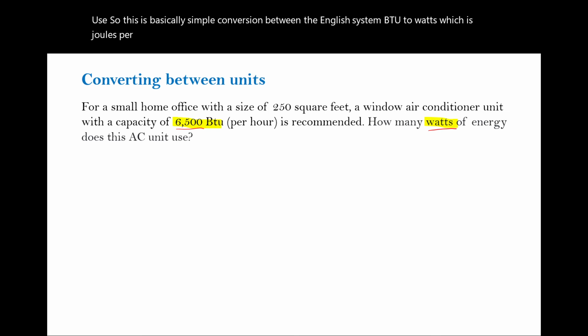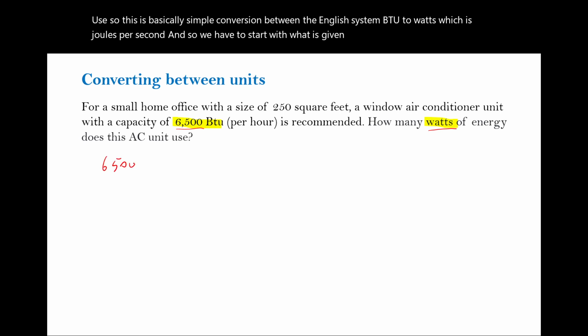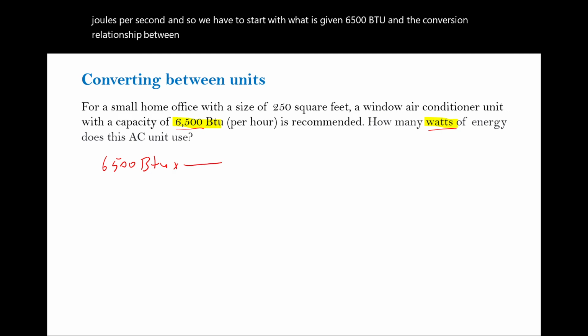And so we have to start with what is given, 6,500 BTU, and the conversion relationship between BTU and joules, because we will convert it to watts, which is joules over second.